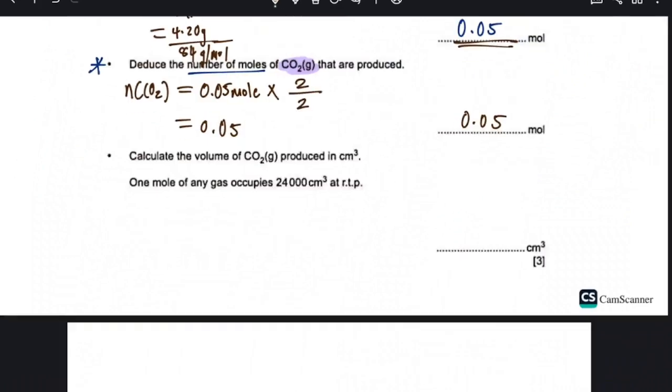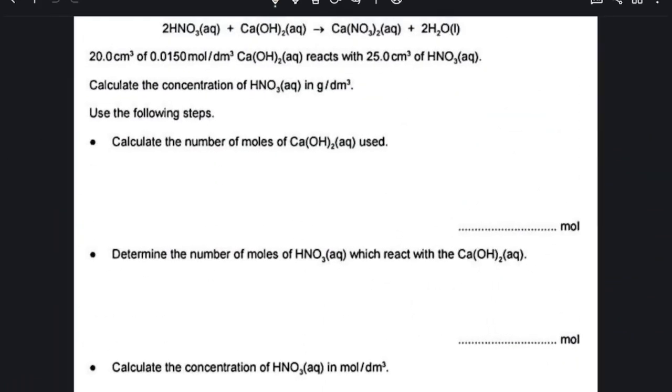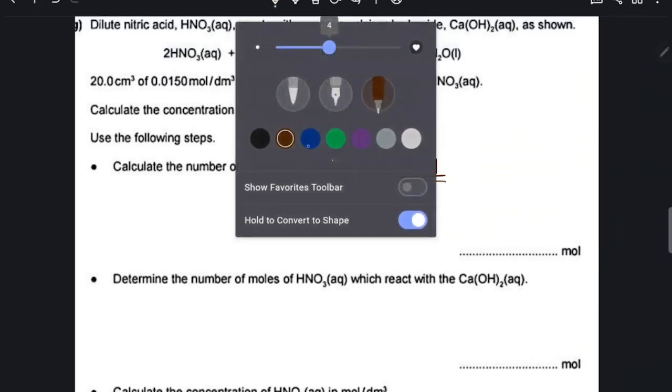Let's go to another question. We'll do step 3 again. We are ignoring step 3 for now. Let's see here. Right. Step 1. The very first time they ask us for number of moles, what are we going to use? Class, can you hear me?